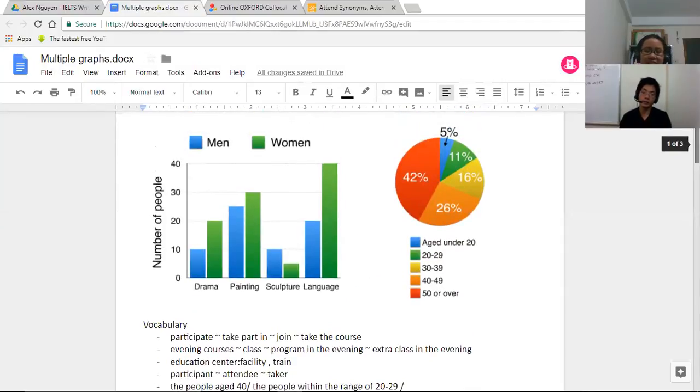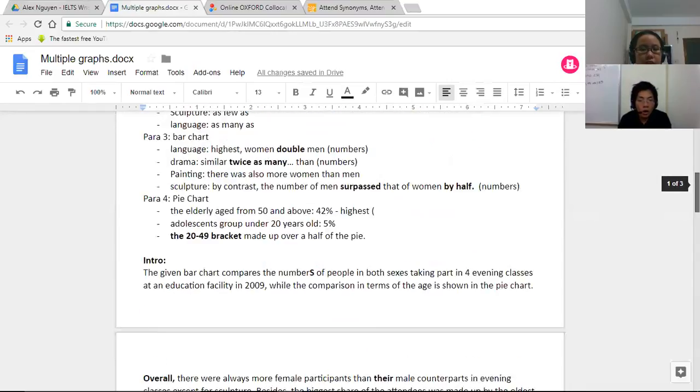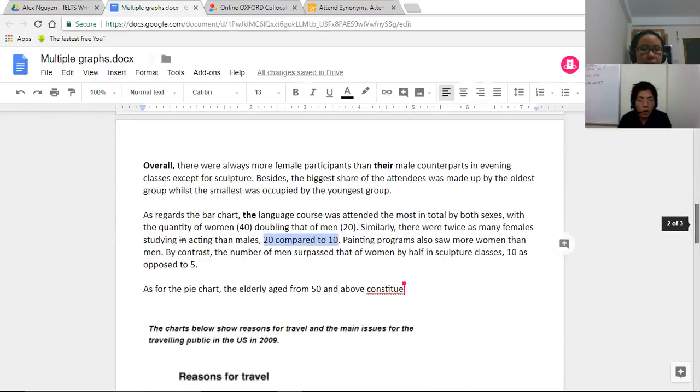Elderly, aged from 50 and above, constituted 42%.